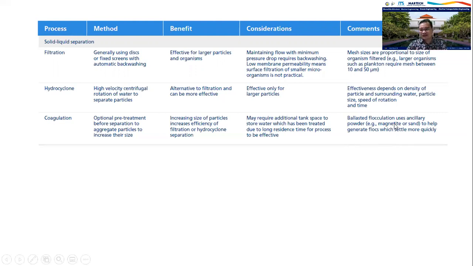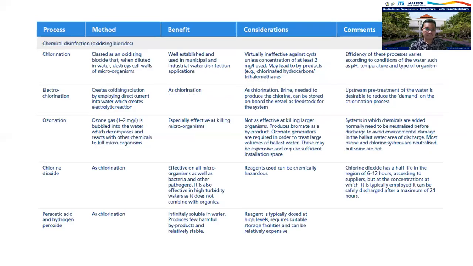Then ballasted flocculation usually uses ancillary powder, magnetite, or sand to help generate flocs which settle more quickly. So this is a method we have to take into account. If you are utilizing coagulation, you may require additional tank space to store the water.